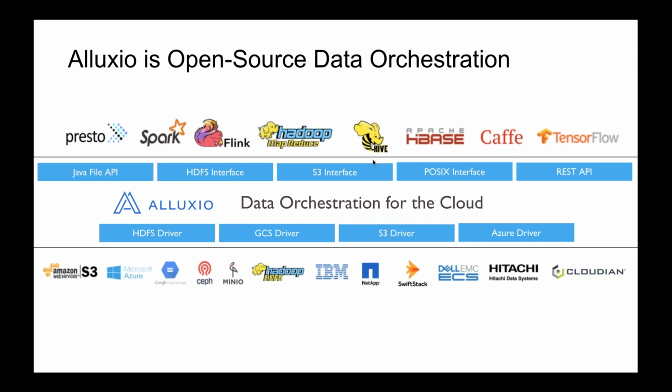So we build the data abstraction so that different applications, including Presto, Spark, Hive, or TensorFlow, can talk to Alluxio using their favorite data APIs. And on the bottom, we provide different adapters, so we can use the driver to talk to HDFS or different versions of HDFS, or GCS or S3 or some other popular storage.